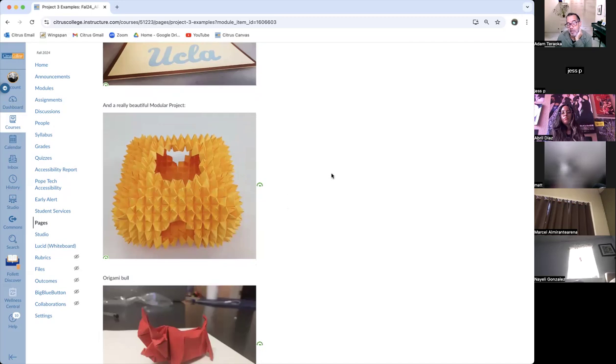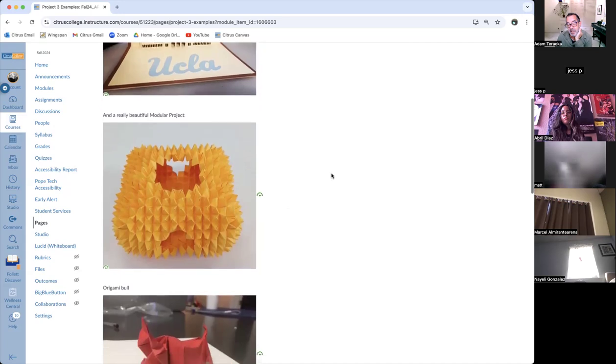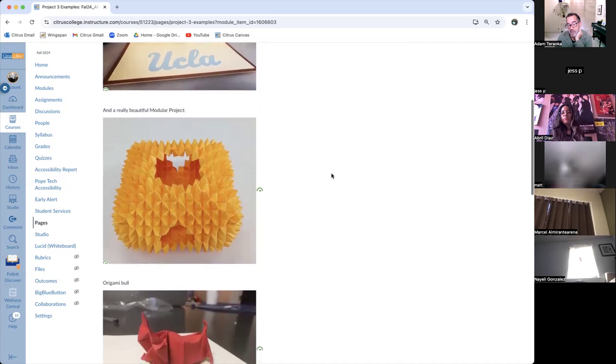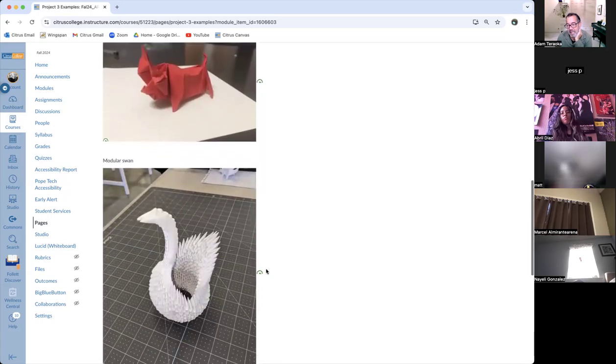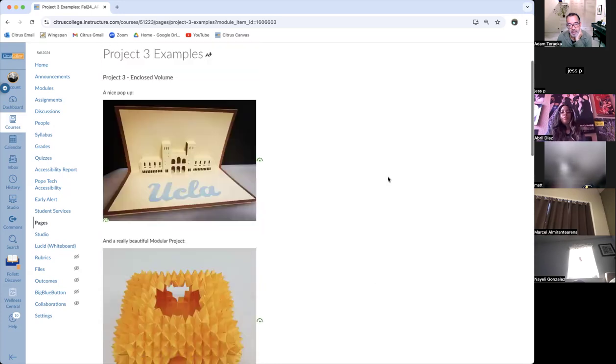Now, in the syllabus for the face-to-face, sometimes it gets confused, but it says that you can't use adhesive or tape, but on the online at home version, you can use glue and tape and whatever you need to stick it together. You don't have to make the modules just fit together. Okay, hopefully that makes sense.